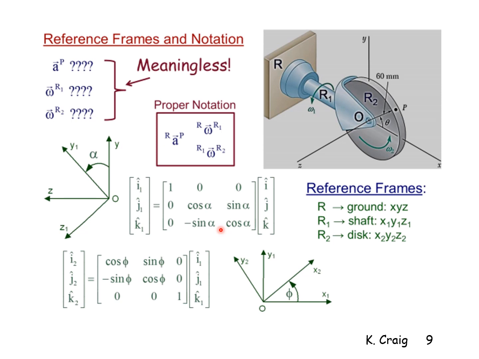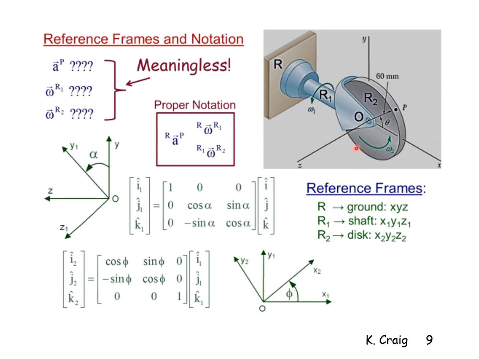If I now look at the relationship between R1 and R2, the unit vectors in the R1 reference frame, the unit vectors in the R2 reference frame, the angle phi is what separates the two, as one is in simple angular motion with respect to the other.